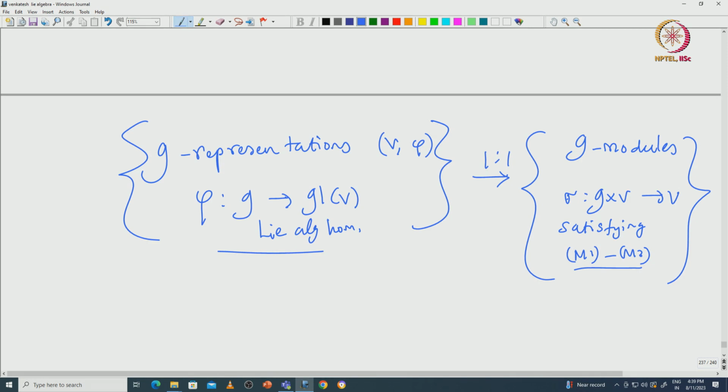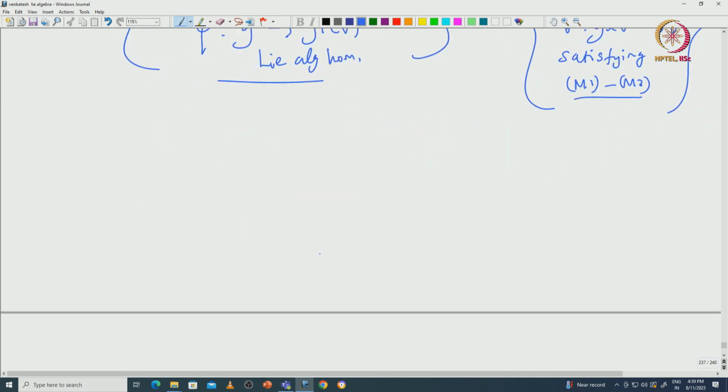So, now we are ready to define what are called sub representations, and then we will also show you how to construct some new representations from old representations and so on. Again the module language will be better for this. Okay. So, let us use module language.